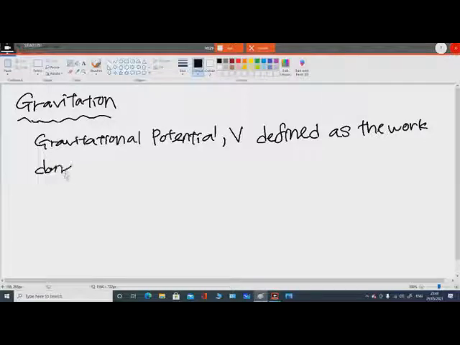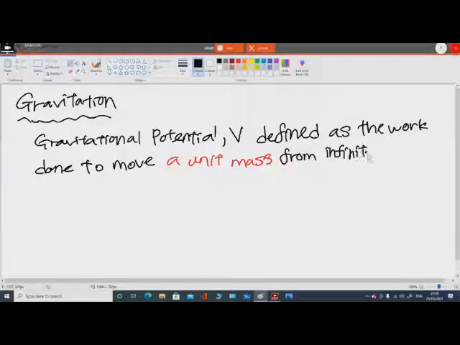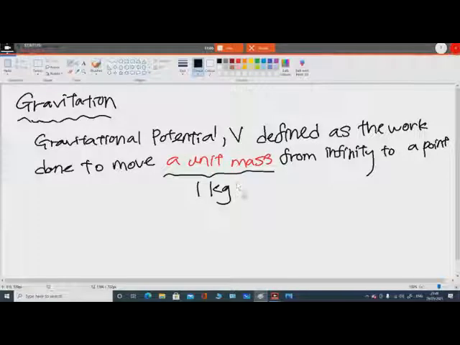work done to move, and these will be our keywords, a unit mass from infinity to a point. This unit mass means 1 kg, which means that gravitational potential is the work done to move 1 kg of the object from infinity to a point.